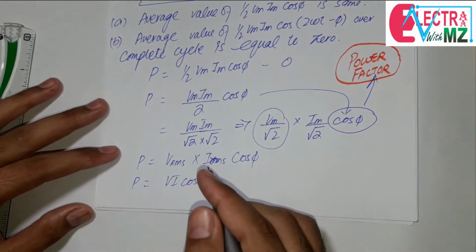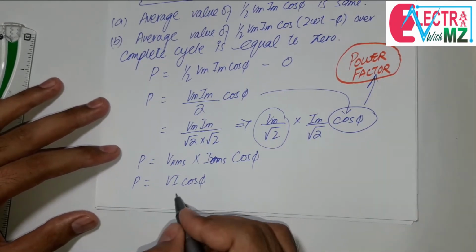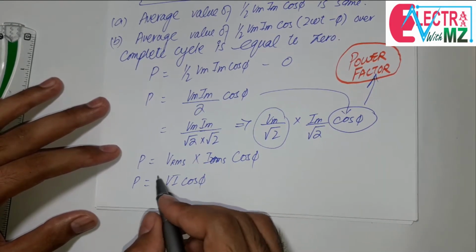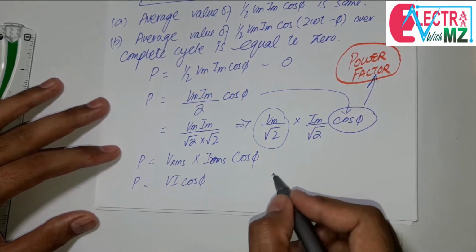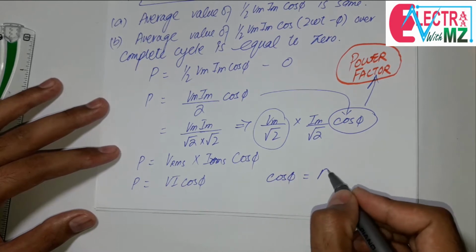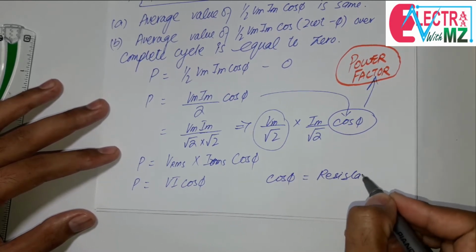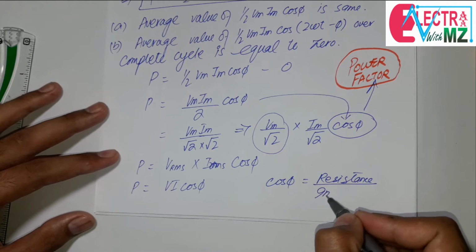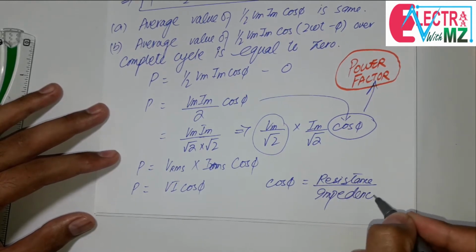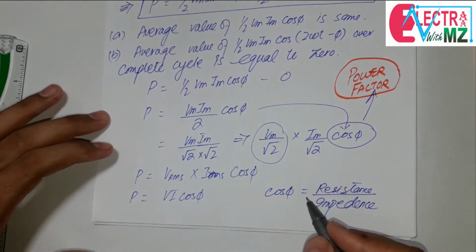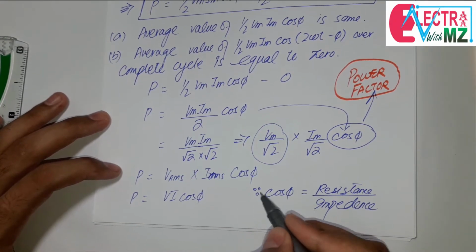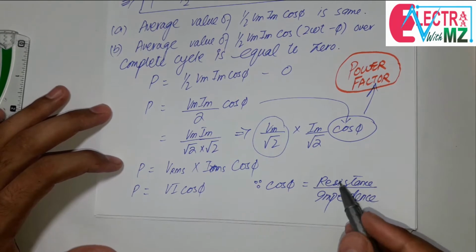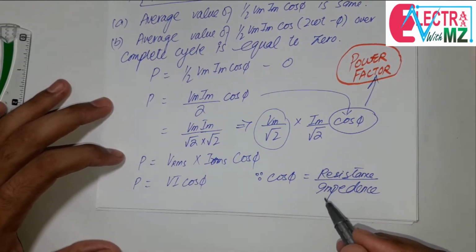So cos phi is equal to resistance over impedance. I explained it in the power factor video, so you may take help from that particular video.